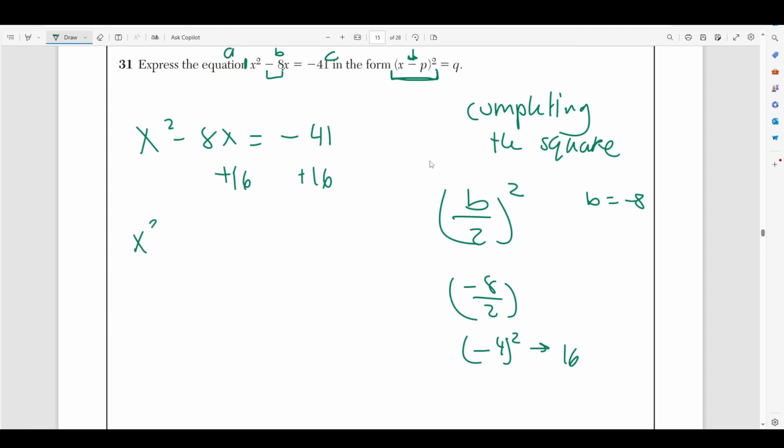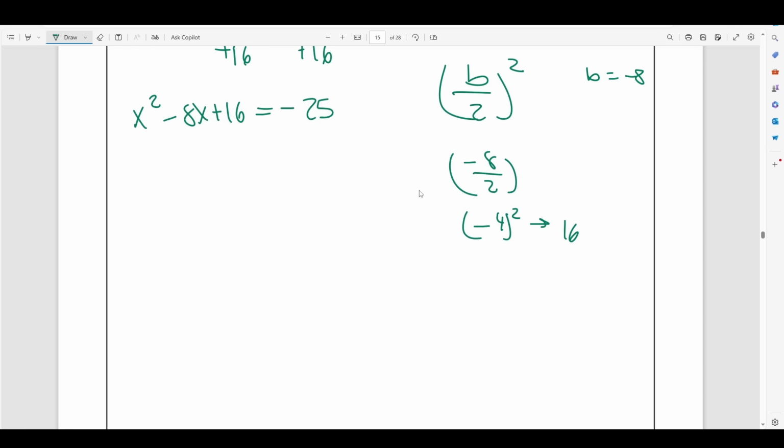So we add 16 to both sides, and we have x squared minus 8x plus 16 is equal to negative 25. Now, because it's in this form, we can factor this out. And we end up factoring it out into x minus 4 squared is equal to negative 25. That's going to be our answer.